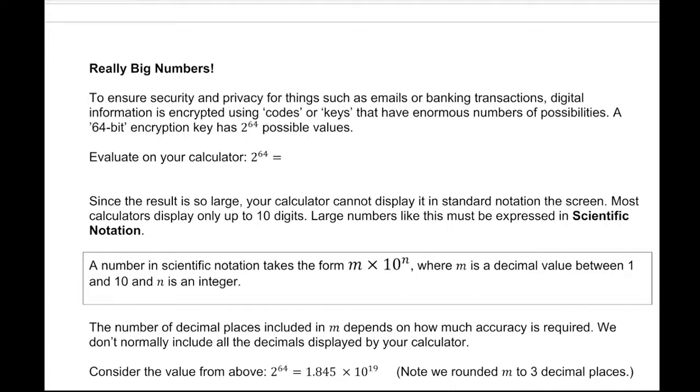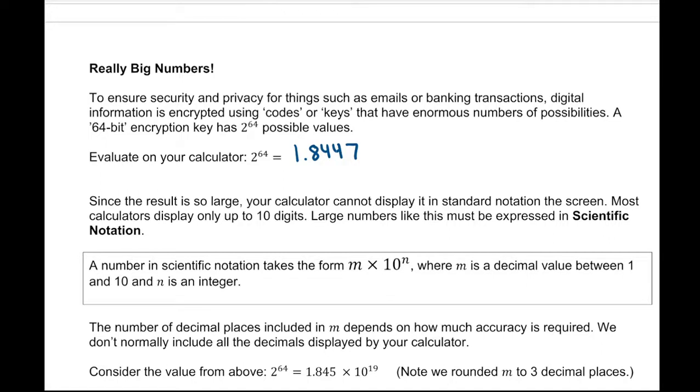So if we were to calculate what this works out to on your calculator, you might get something a little bit different. In our case, if you try this on your calculator, you should get something similar to 1.844, and I'm going to round the 6 up to a 7.